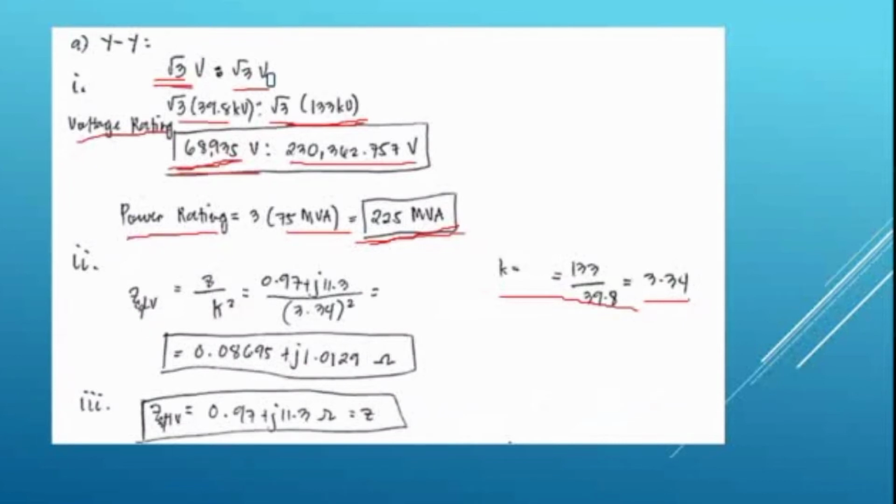We have 0.97 plus j11.3 divided by our transformer ratio, 3.34, squared. So we have a value for the equivalent impedance referred to the low voltage terminals of 0.08695 plus j1.0129 ohms.